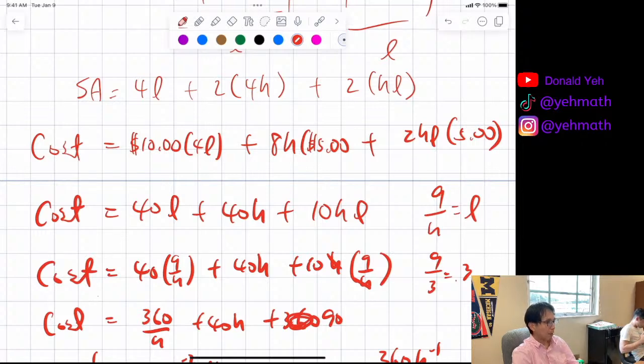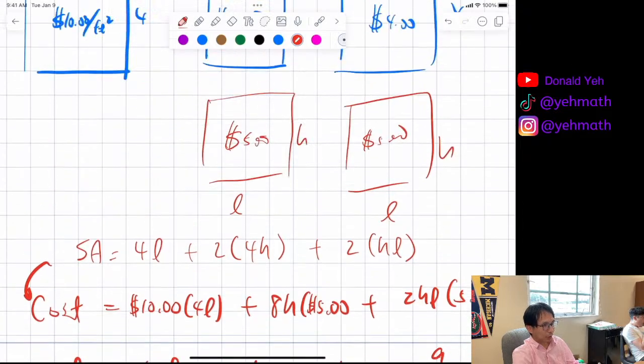That's the sum. But I start with surface area first because each side has different costs, right? So I build from there. From the surface area, I transfer to the cost first, and then the cost is multiplied by 10 on the bottom, multiplied by 5 on the sides. That's how I incorporate everything.